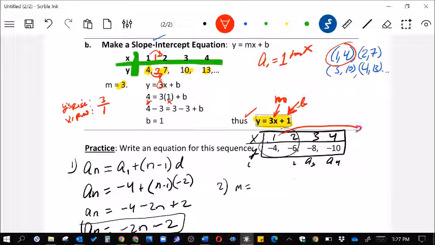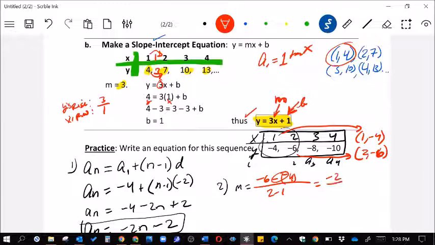I'm going to take that pair and write it as an x and a y, and take this pair and write it as an x and a y. So now I can say the slope is equal to -6 minus -4, and on the bottom, 2 minus 1. So these become plus, which makes this -2 over 1. That means -2 is the slope.